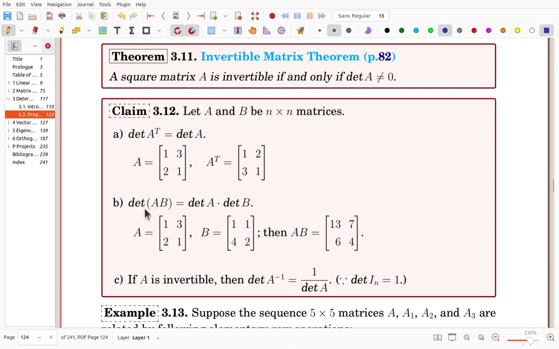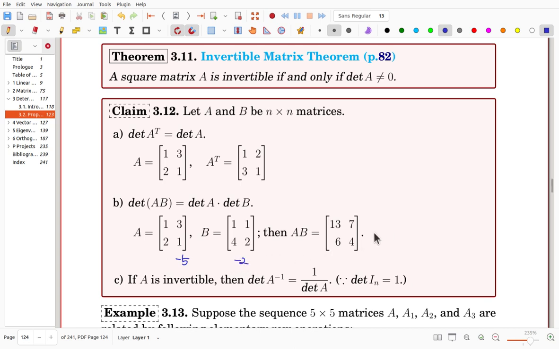Next, the determinant of the product AB is the product of the determinants. A is given here, and B is given here. If you multiply AB, you can reach that one. We know the determinant of A is minus 5. How about B? 2 minus 4, that is minus 2.